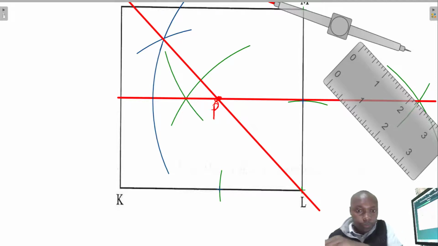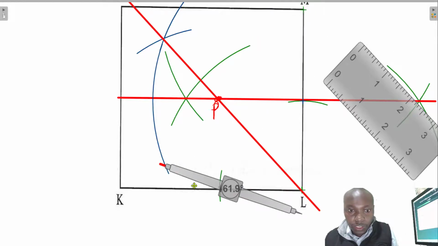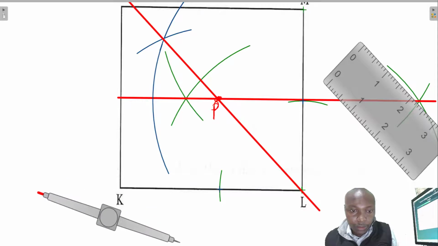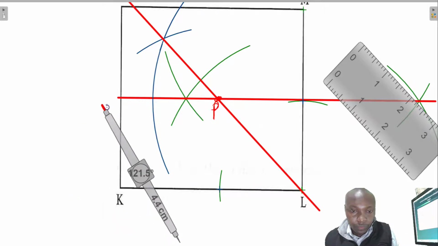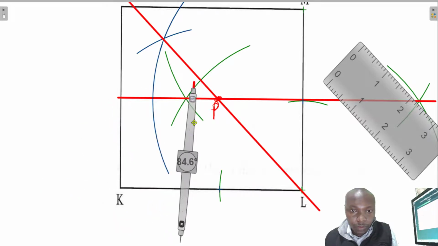So you shall locate the center of that circle between K and L. To obtain the center, we need to construct the bisector of KL.